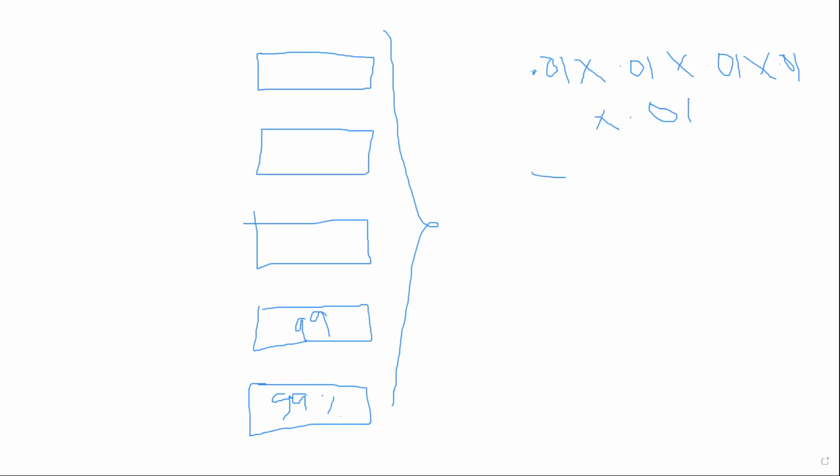That means how much? Let's do a simple calculation in the calculator. I hope you can see 0.01 into 0.01 into 0.01 into 0.01, 4 times, into 0.01. After the zeros, this means how much time it is available.